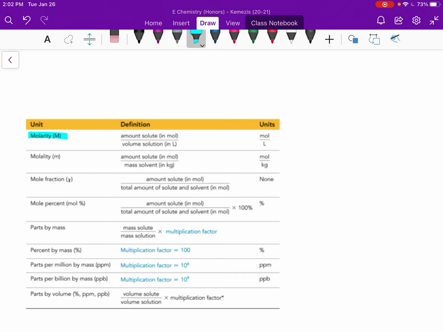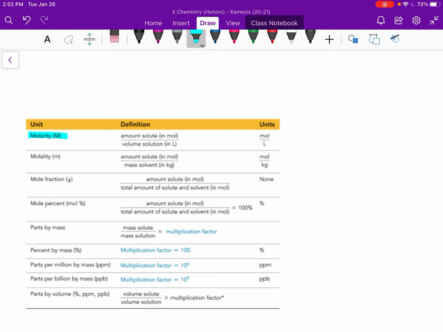But on the bottom, in the denominator of molality, is the mass of the solvent in kilograms, okay? So what we're dealing with in our concentrations is just what are we using to calculate this concentration? So if I can find my moles and my liters of solution, I can calculate the molarity.